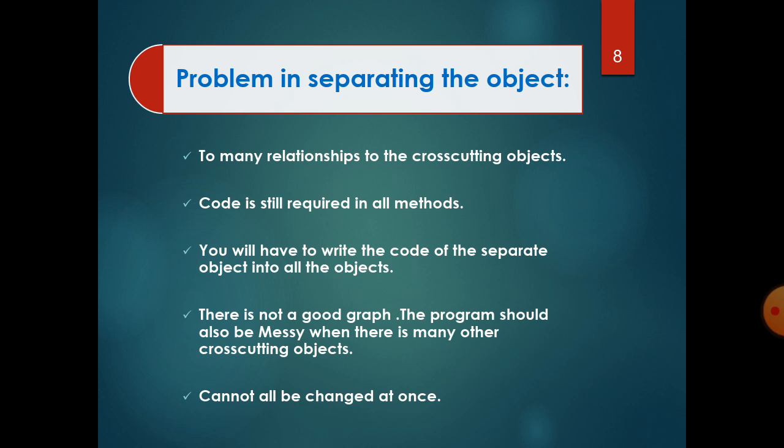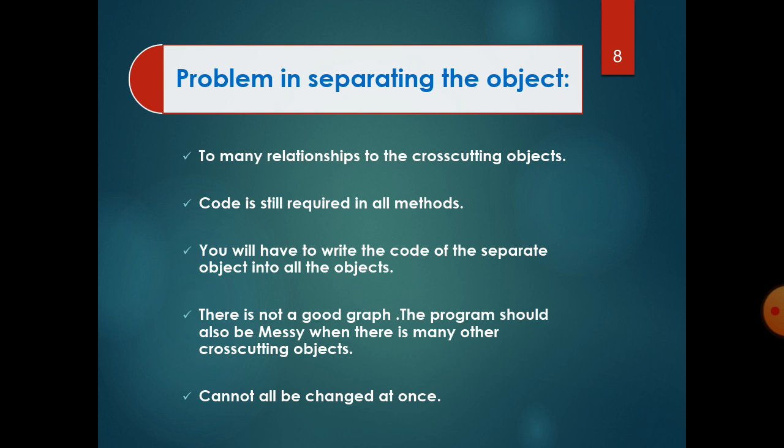So these are the different reasons I explained in the last 5 to 6 slides, from functional programming to object oriented programming, and the limitations that exist. That is why we need a new programming approach.